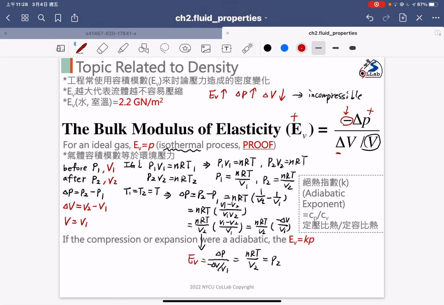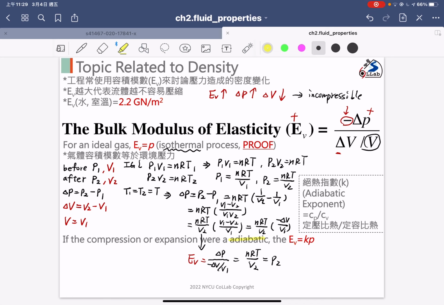If your gas satisfies the ideal gas law, and your environment condition is isothermal, then you don't need to check the table to find the bulk modulus, because the bulk modulus is equal to the environment pressure. Okay, and as I mentioned, another process is called the adiabatic process.